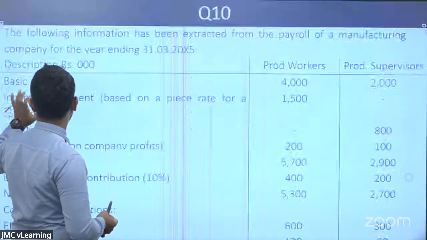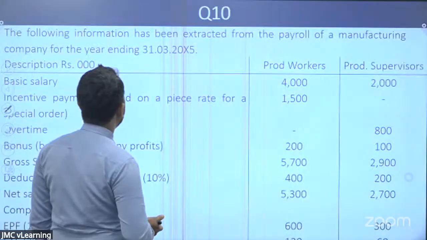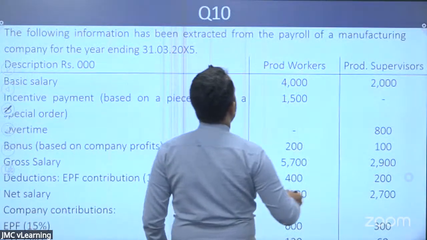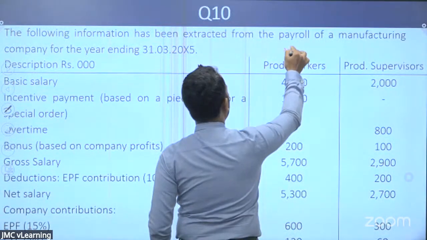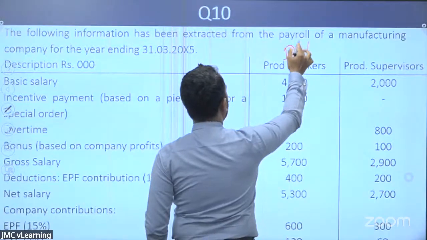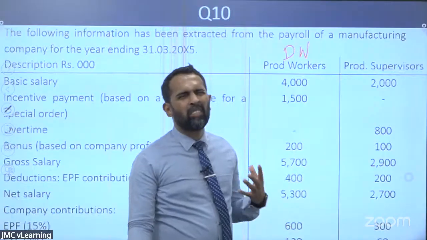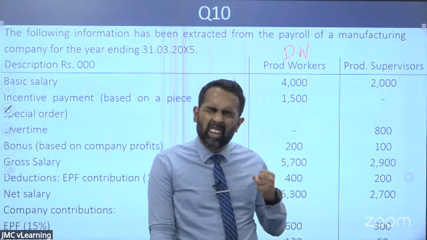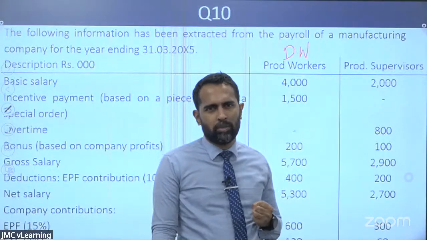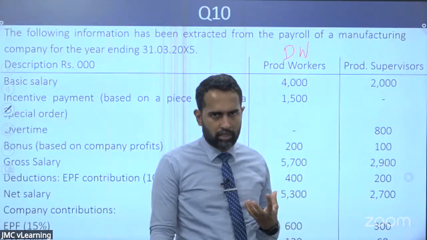We'll take one by one. We'll take the direct wages first. Now the production workers are the direct employees. This goes to direct wages. Production supervisors: direct wages are for the people who are directly involved in the production process.